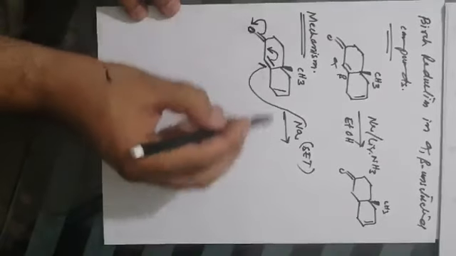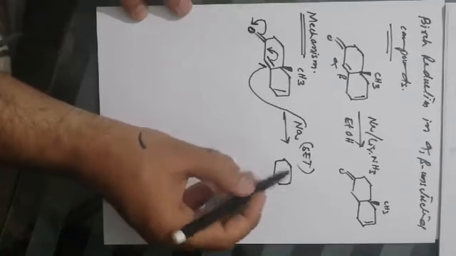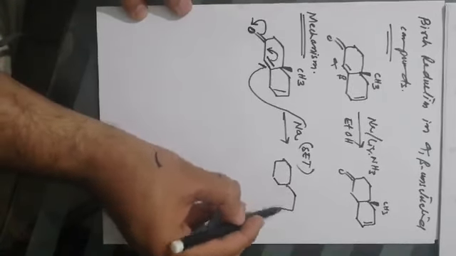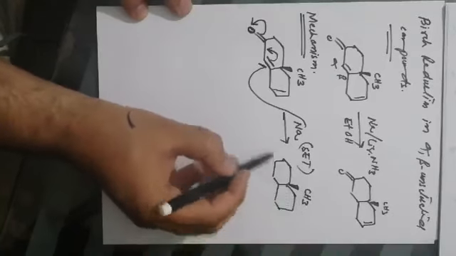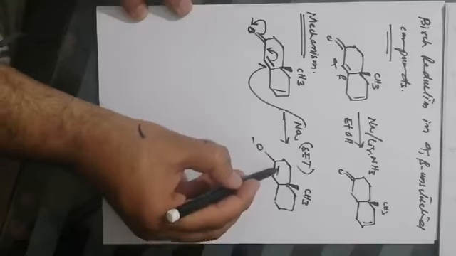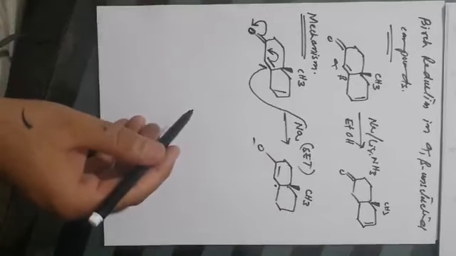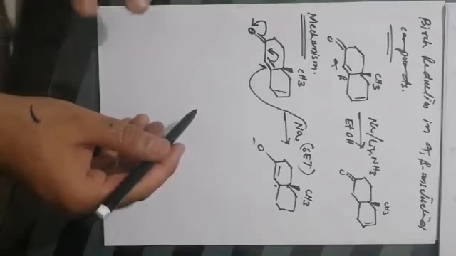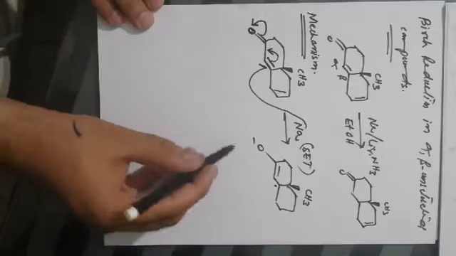So oxygen gets negative charge. What happens next?